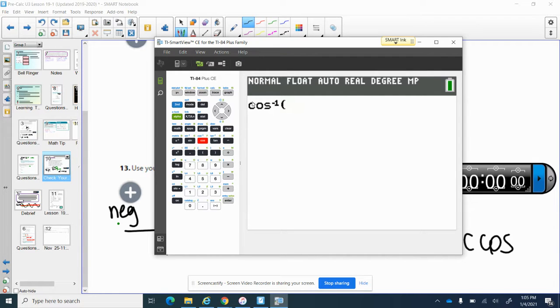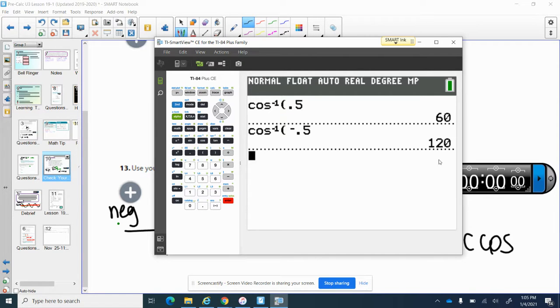This is not for secant. All right, they are completely different things. Cosine inverse of 1/2 or 0.5 was the 60 degrees versus cosine inverse of -1/2, which we said was 120 degrees. Okay, so you can check that in there.